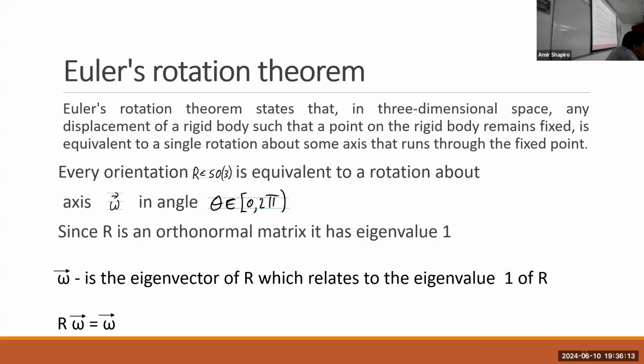No, that's true for every rotation matrix. If you want to know which is the rotation axis, simply take the eigenvector of the eigenvalue 1. And so it's a pretty strong theorem.